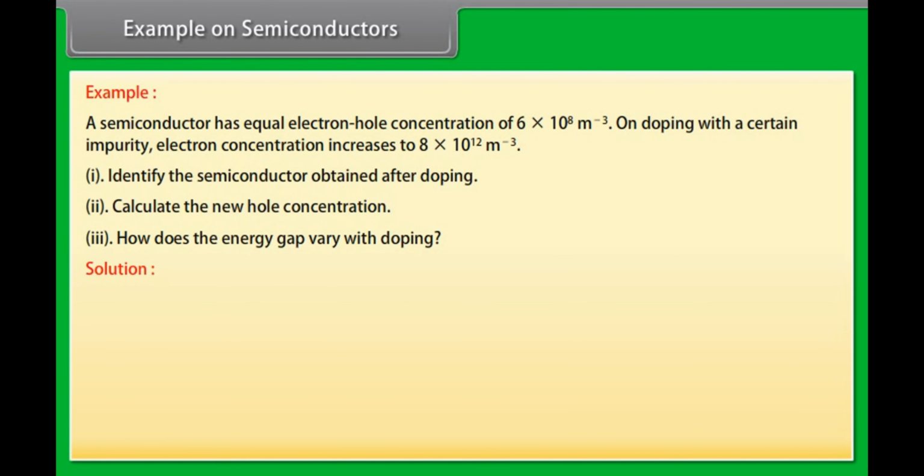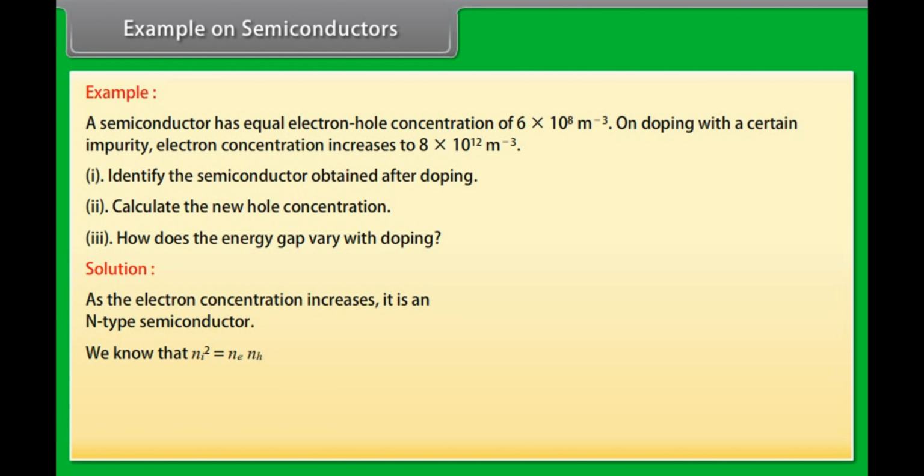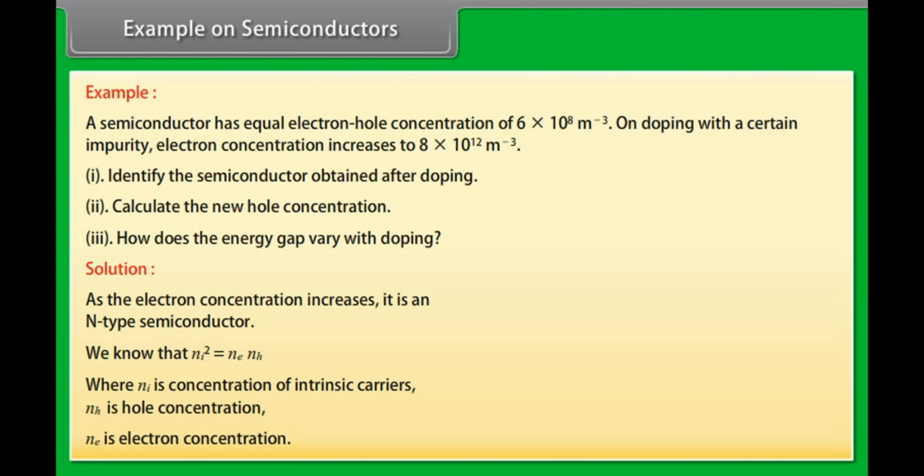Let's see the solution. As the electron concentration increases, it is an N-type semiconductor. We know that Ni² is equal to the product of Ne and Nh, where Ni is the concentration of intrinsic carriers, Nh is the hole concentration and Ne is the electron concentration.